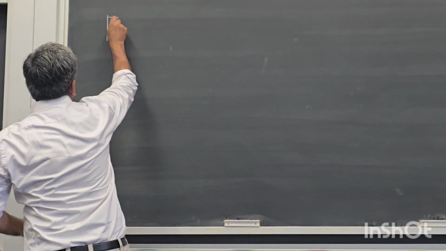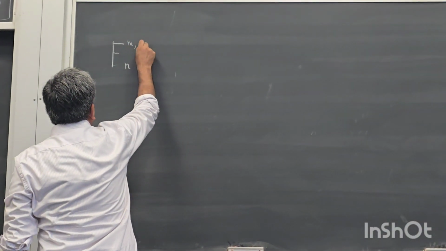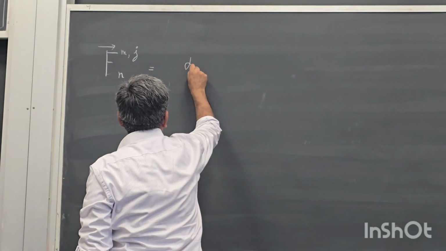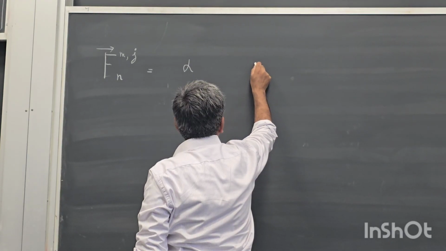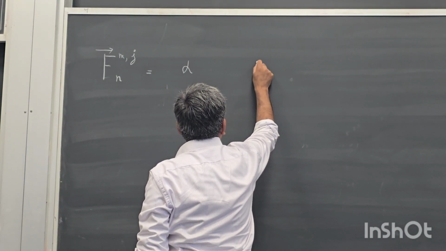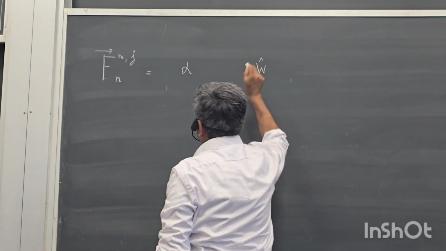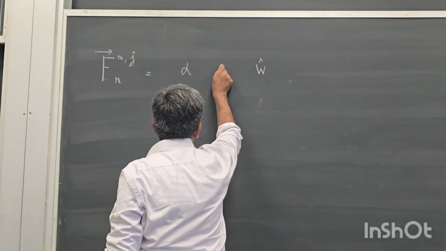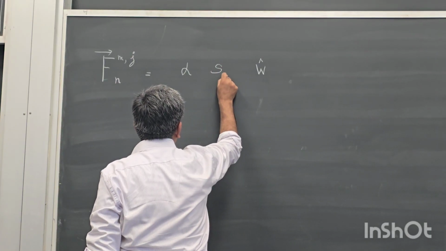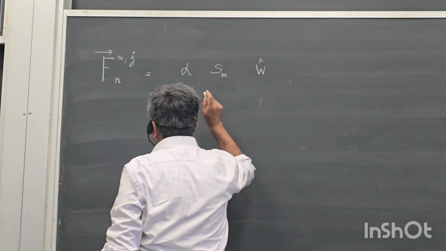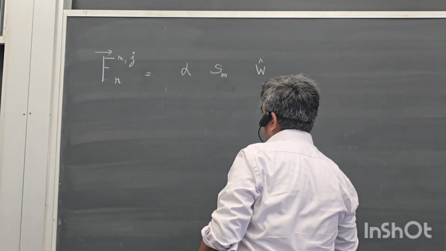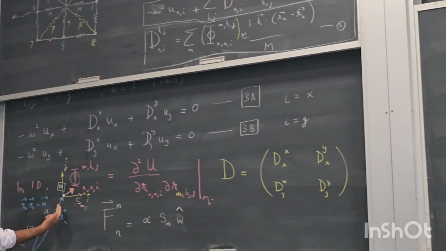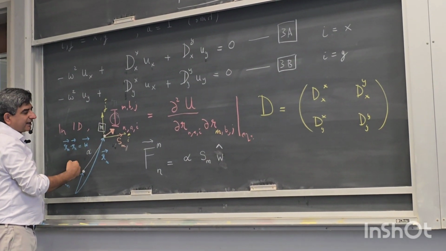The force on atom n, when atom m has moved along the j direction, is still alpha, still along the w unit vector, and the magnitude is still Sm. However, now I would like to take the component of the vector Sm along the j axis. So what is that component?